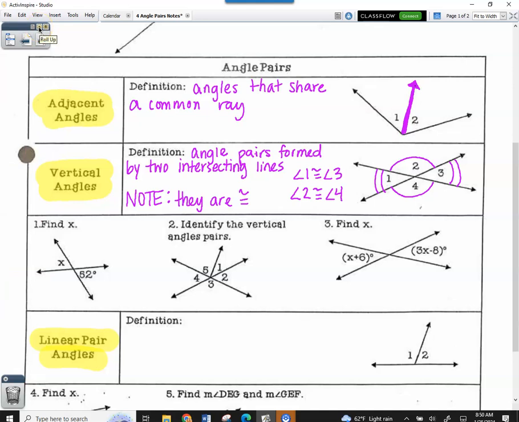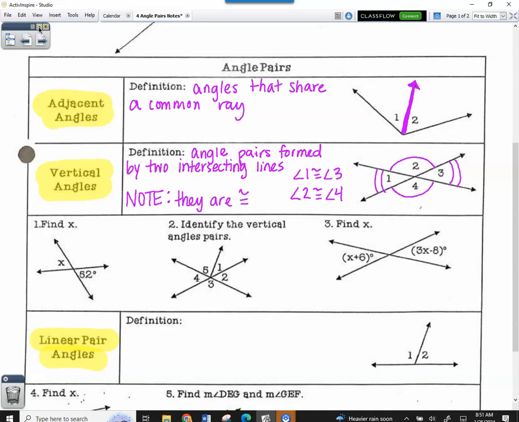So notice when we said when angles are adjacent, all we said is they're side by side. We didn't say anything about value, measure, anything like that at all. It just lets you know the location. The only thing that we've learned about value, measure, is vertical angles are congruent. So look at number 1. Shallow end of the pool.